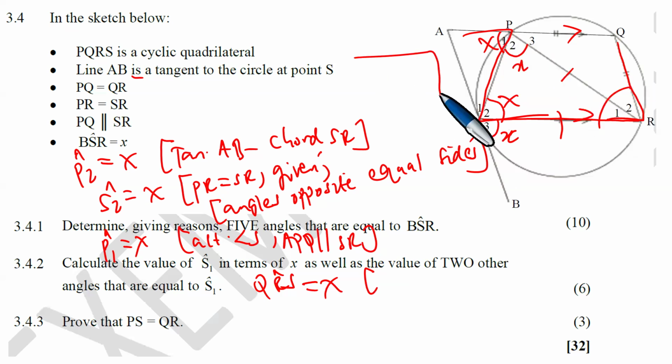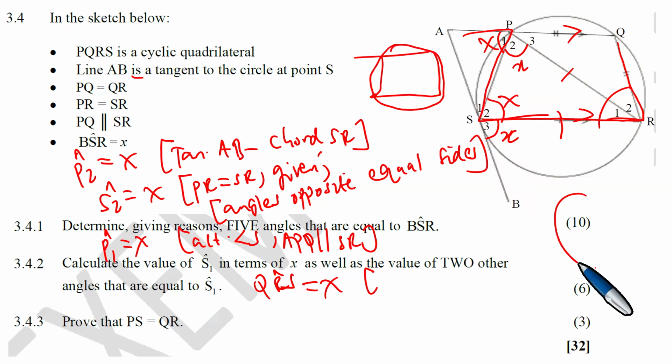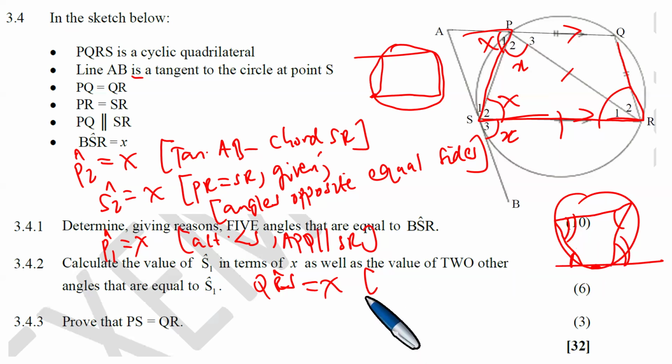There's a theorem about the exterior angle of a cyclic quad. If you have something like this, this angle here is equal to this angle here. So the exterior angle of a cyclic quad equals the interior opposite angle.